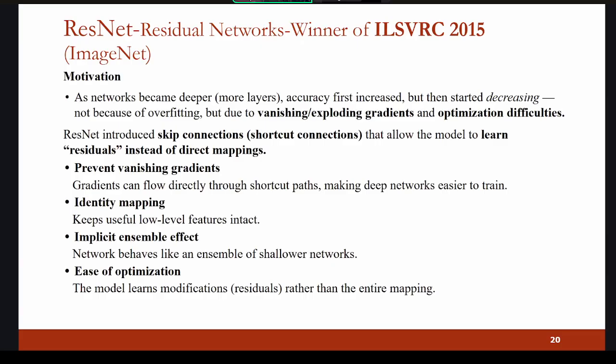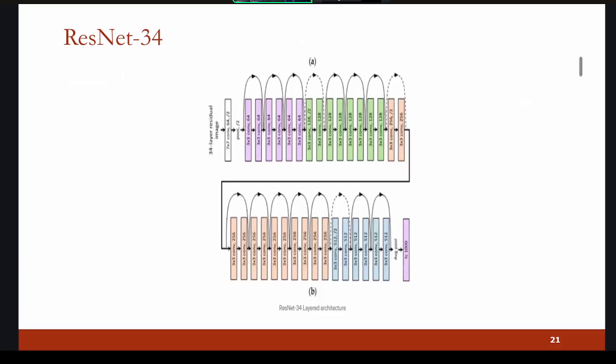Also, when we have a very small data set, all these deep convolutional neural network architectures started facing an overfitting problem. In order to overcome that, they also came up with this idea of residual connections. This is the architecture of ResNet 34. It had 34 layers.